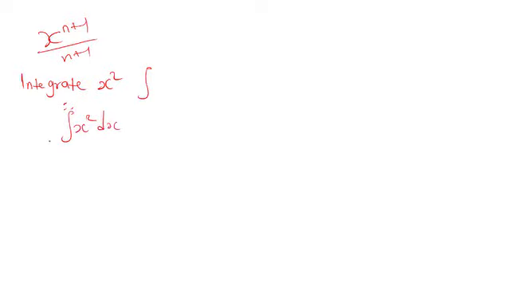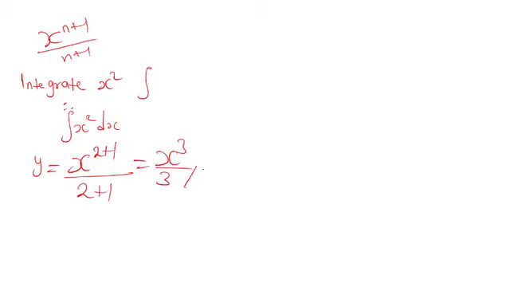The integral of this is y equals, remember the rule, our n now is 2. You write your x, you have n plus 1, so this is 2 plus 1, and you bring it down under it, which is equal to x raised to power 3 all over 3. So the integral of x squared is equal to x raised to power 3 all over 3.